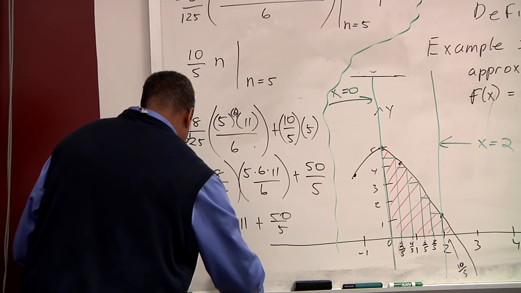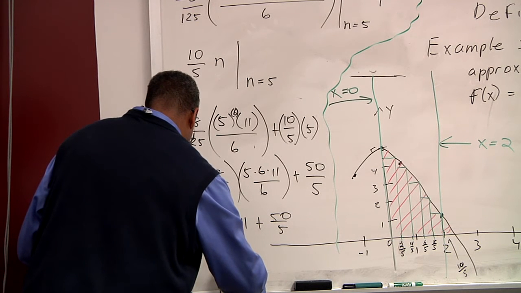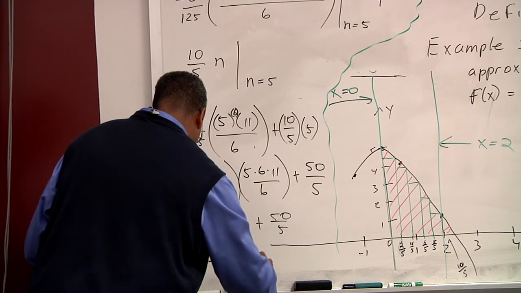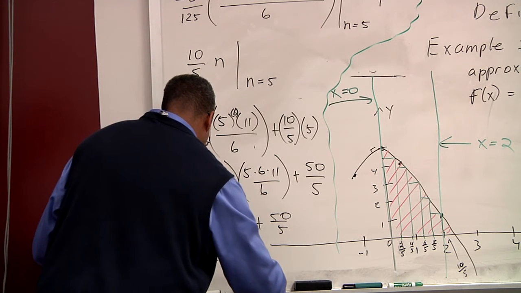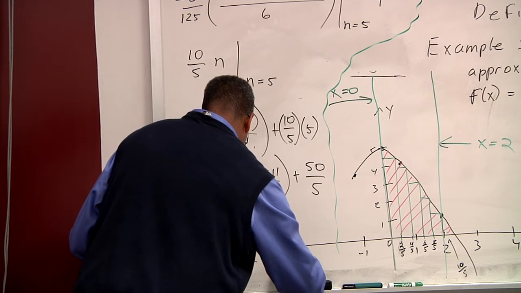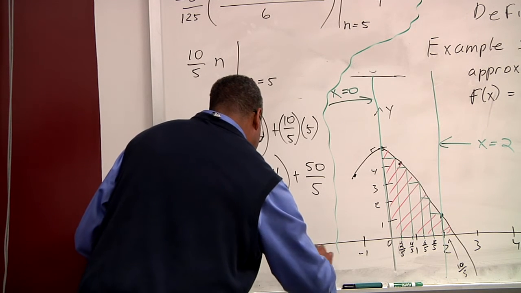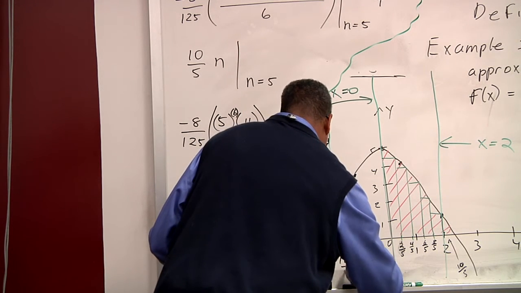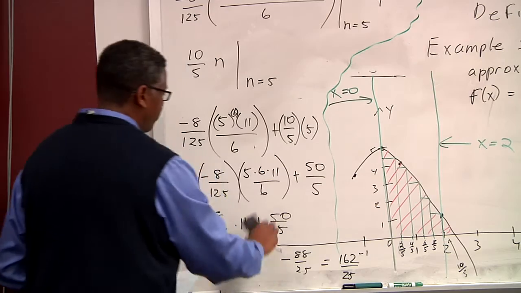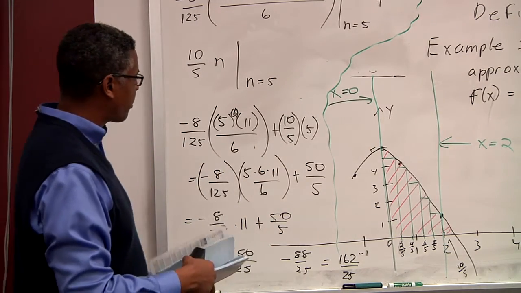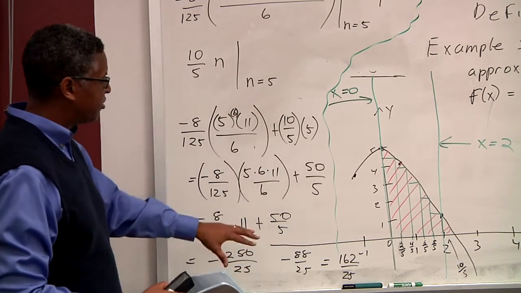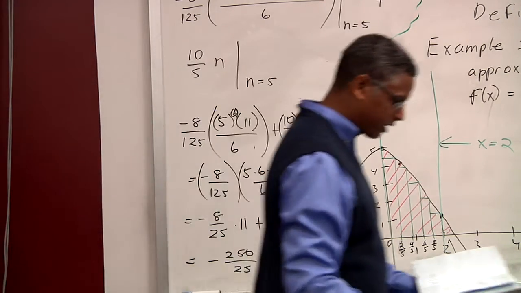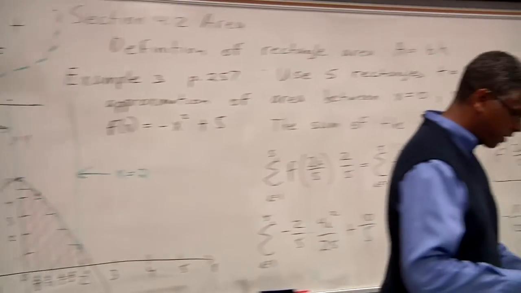Basically it's going to be 250 when it's all said and done over 25, minus 88 over 25, which is going to be 162 over 25. When we have class on Monday, I'll review all this arithmetic. It seems complicated, but all of this is arithmetic. That's going to be our final answer. But I want to keep moving on because I don't want to get caught up in arithmetic right now.